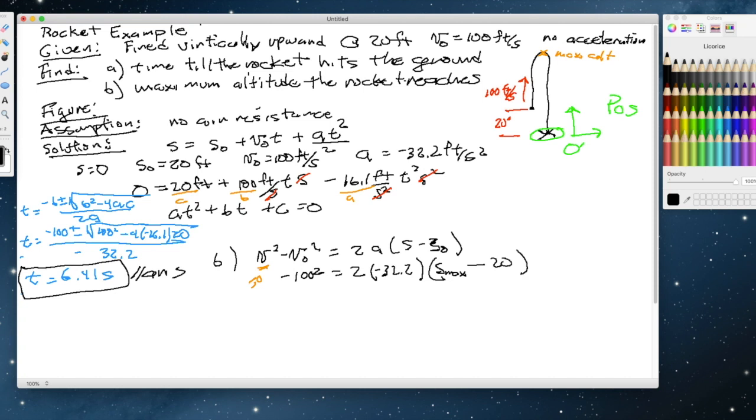So we have one unknown and a lot of numbers. After some algebra, we can find that S max will equal 175.4 feet. And that is our answer.